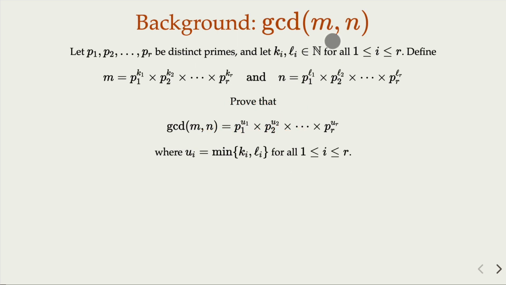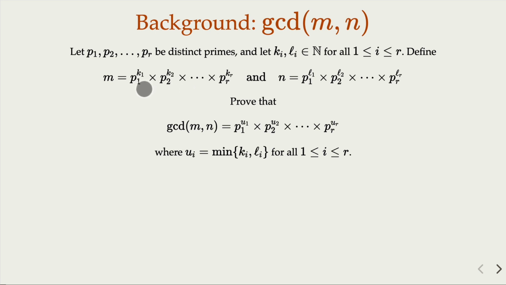So how is this related to the unique factorization of two integers? For two integers m and n, suppose the factorization has exponents k1, k2, through kr, and l1, l2, through lr. Notice that p1 through pr are distinct primes. It is possible some of the primes do not appear in the prime factorization of m or n.